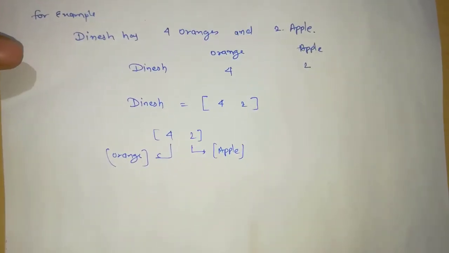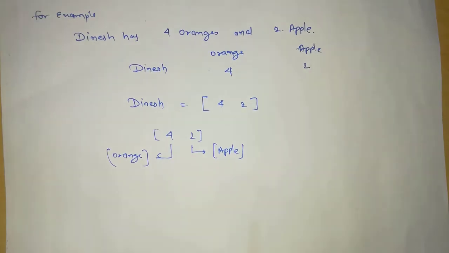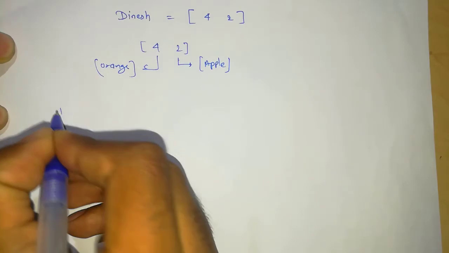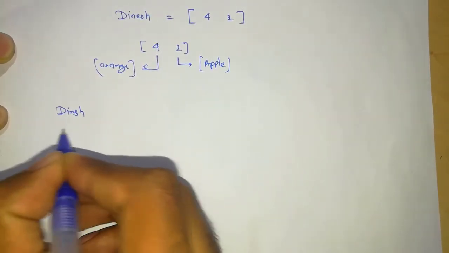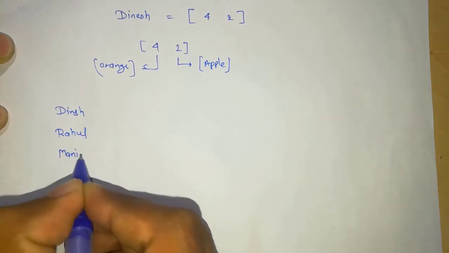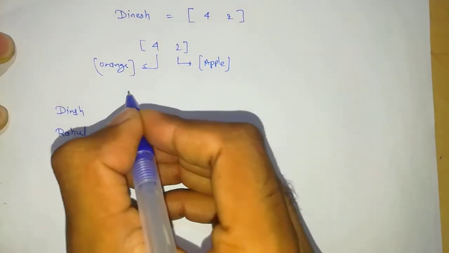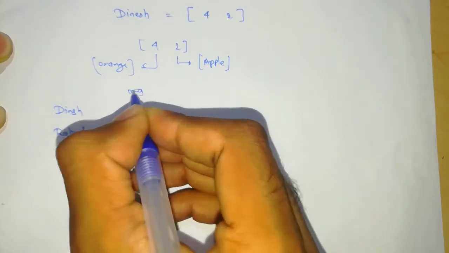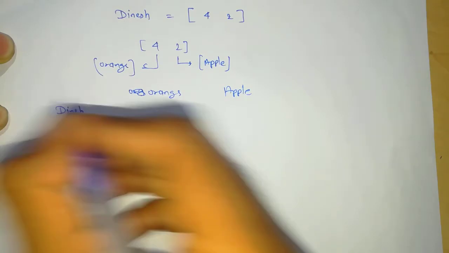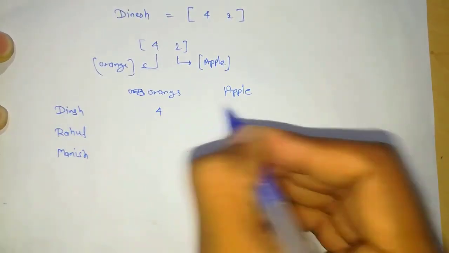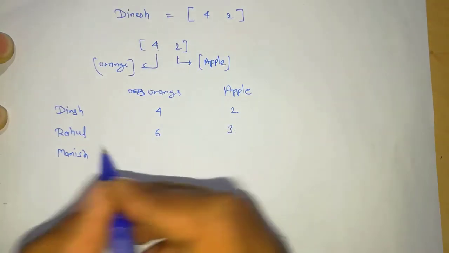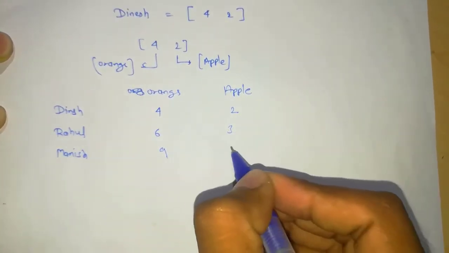Now further, let's suppose we have 3 members: first Dinesh, second Rahul, and third Manish. Dinesh has 4 oranges and 2 apples. Rahul has 6 oranges and 3 apples, and Manish has 9 oranges and 1 apple.